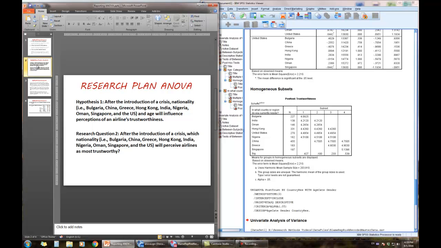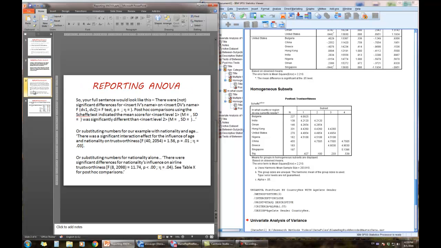So from here, reporting your findings in your results section and creating a table is just a matter of plugging the numbers in from your SPSS output into some basic stock sentences or table layouts. Now, again, remember, when we have interaction effects, all we report is the equation and offer some general discussion. We don't report any of the post-hocs or anything like that.